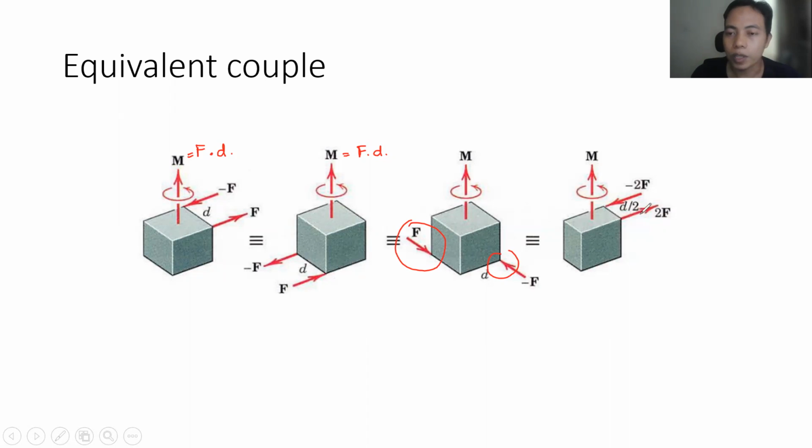And sometimes we can modify the force with the distance, okay? As long as the product of the multiplication between F and the distance still follows this magnitude, then all of them are in the same condition.